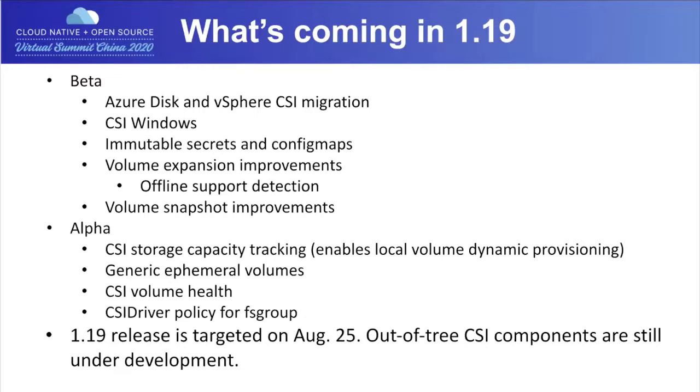The next new alpha feature is generic ephemeral volumes. So this is sort of an additional alternative method for implementing ephemeral volumes in CSI, although it's not actually specific to CSI.